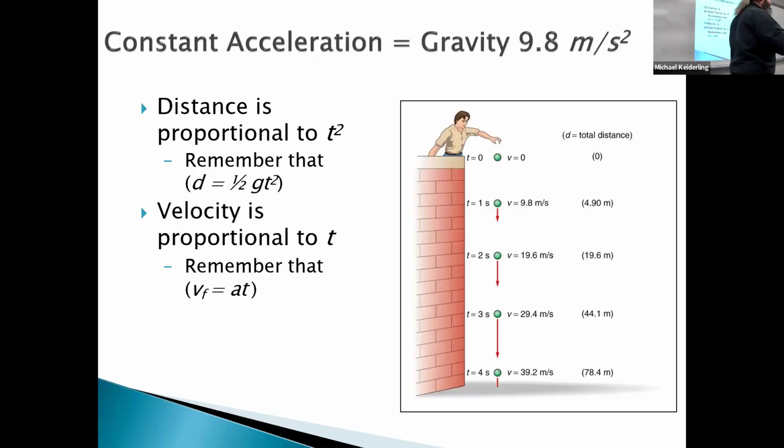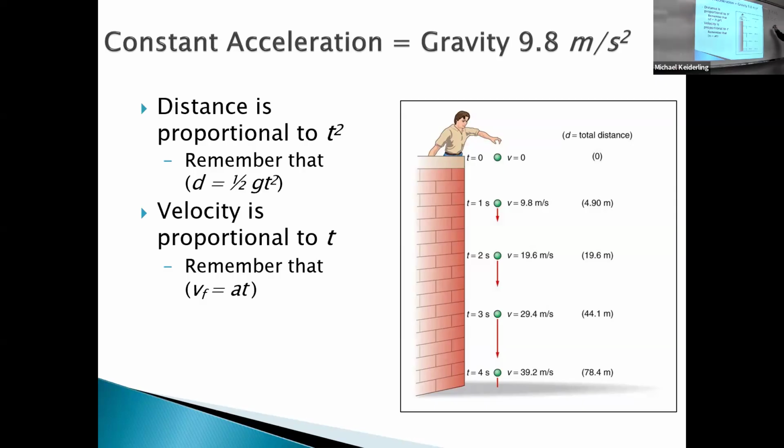A common case of constant acceleration is a dropped object. Any falling object has an acceleration of g, 9.80 meters per second squared. So the distance an object will fall will be 1/2 g times time squared.